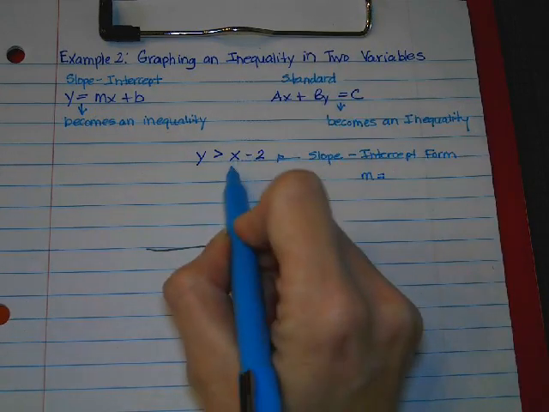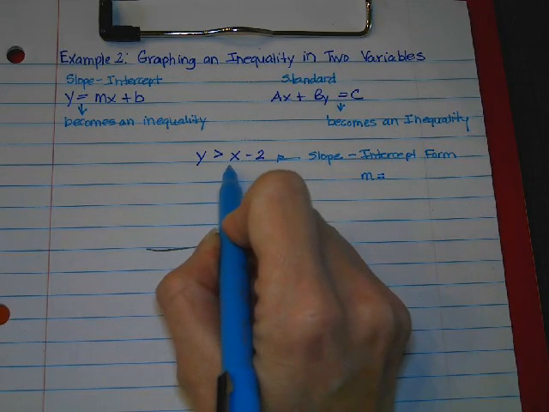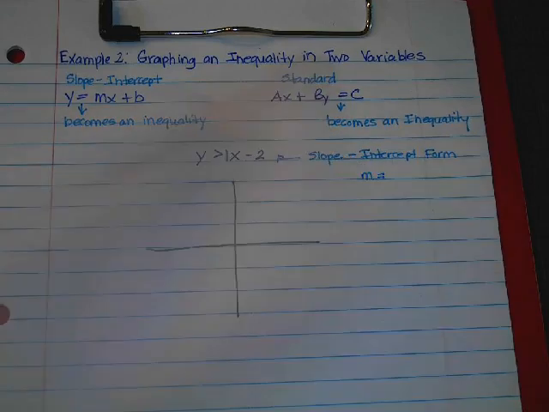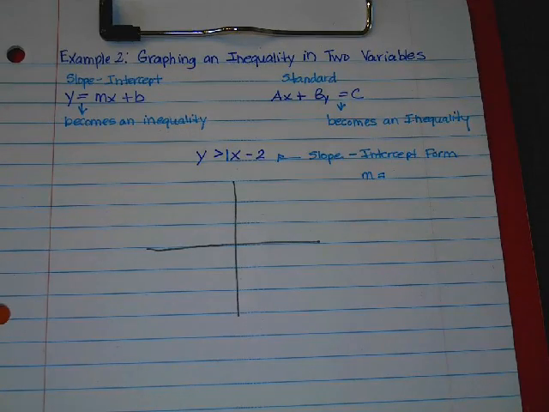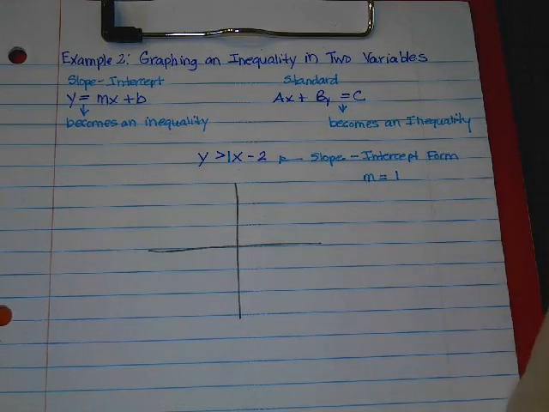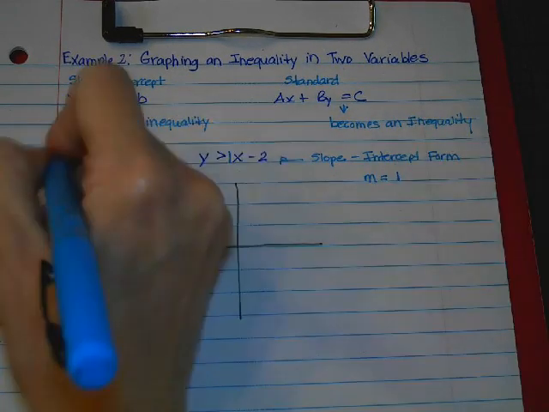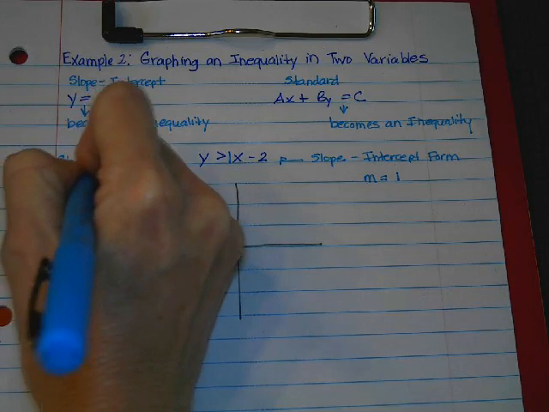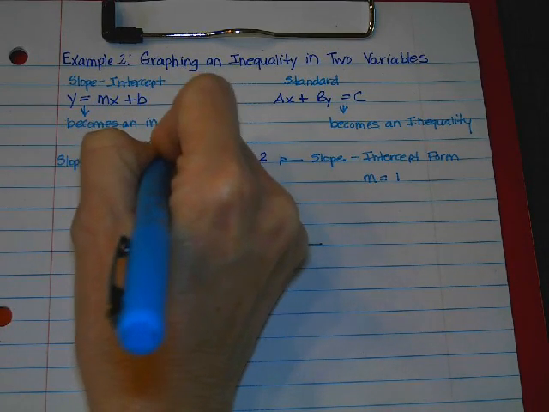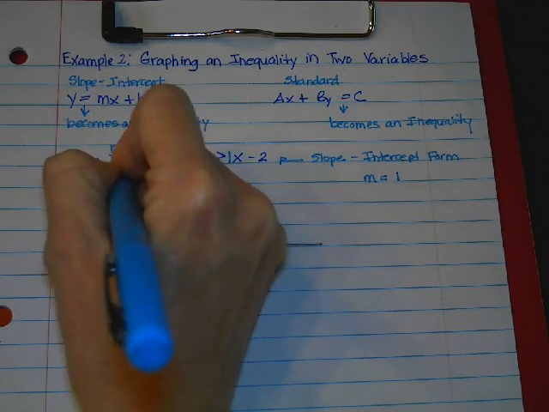So let's go to our problem. We have an x, but I don't see a number there. So what is that coefficient? That's right, Amaya, it is 1. It is an understood 1, so the slope of our line is 1. Remember, slope is equal to rise or fall over run.